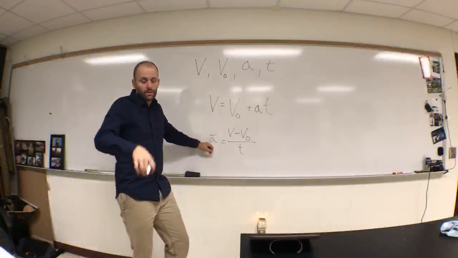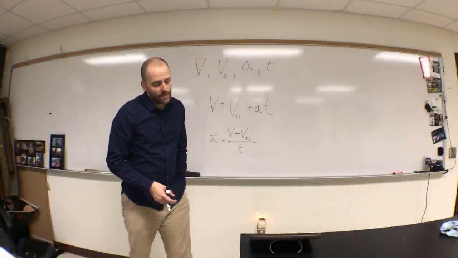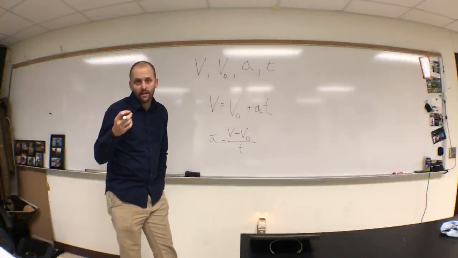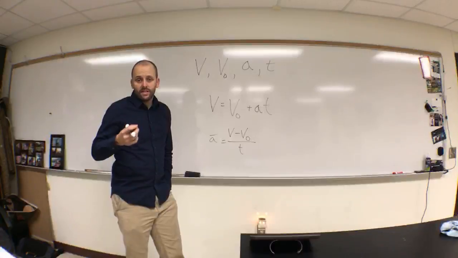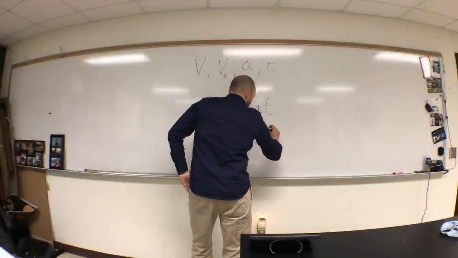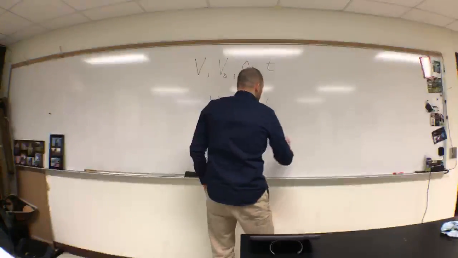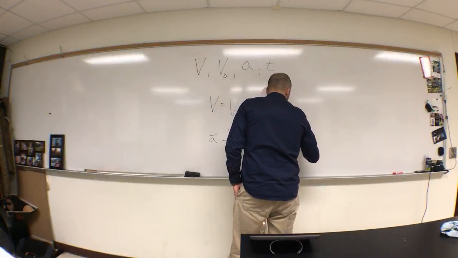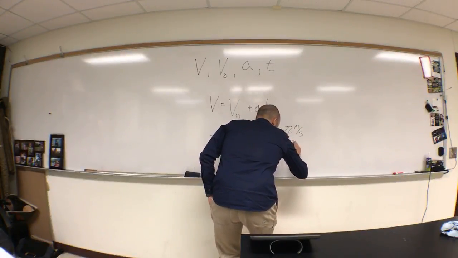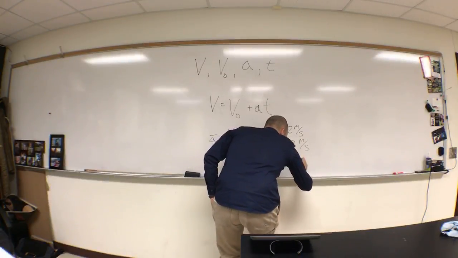On the next one, number 3, it's going to ask you for the average acceleration, and it gives you a V naught and a V, as well as a time interval. So you're just going to plug that information in and go from there. V, according to number 3, goes to 22 meters per second. And V naught, it started at 13 meters per second, and the time it took to do that was 60 seconds.